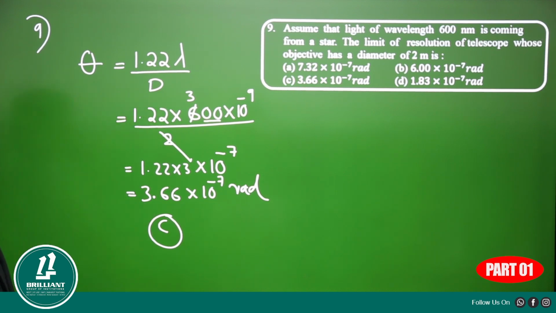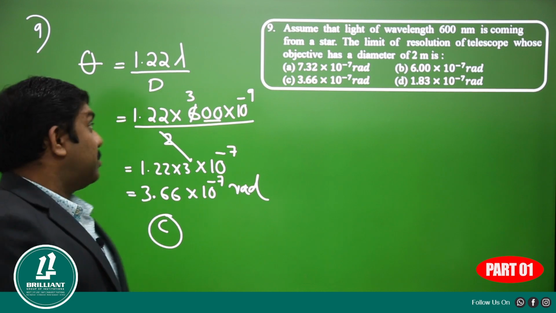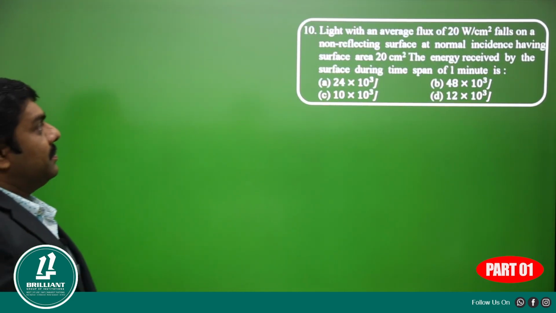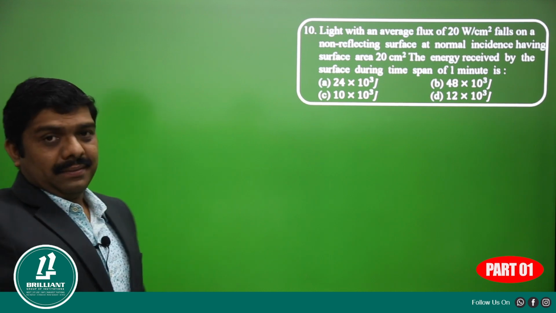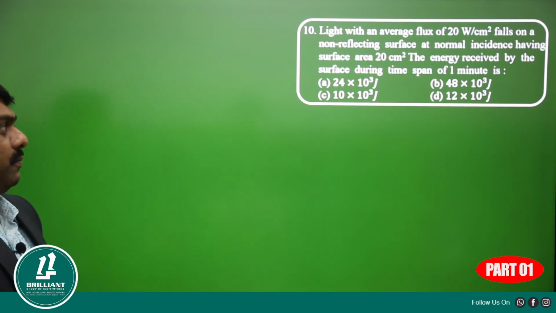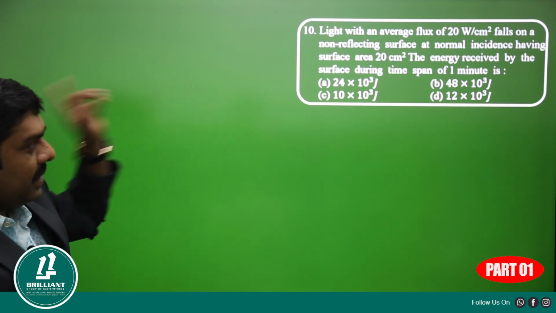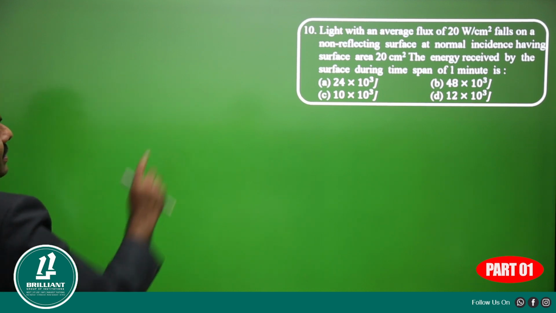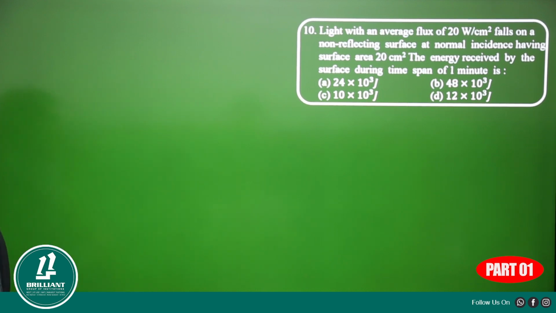Now we are going to do the next question. See, question 10. Light with an average flux of 20 watt per centimeter square falls on a non-reflecting surface at normal incidence having surface area 20 centimeter square.